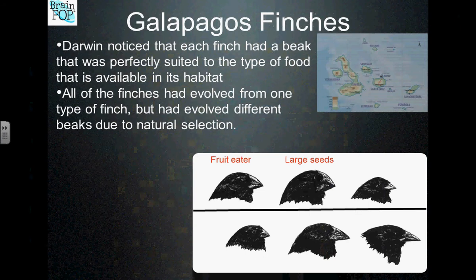Some had smaller beaks for the ones that had smaller seeds available. Some even ate insects, small insects, large insects. Some ate cactus. And so Darwin started to think about this and understand that each of these birds had adapted over a long period of time to perfectly suit whatever foods were available on that island.